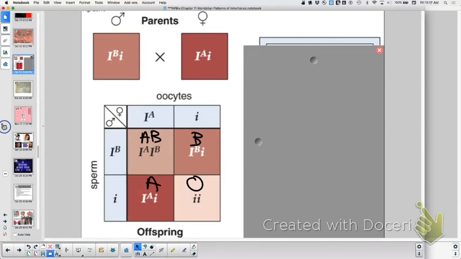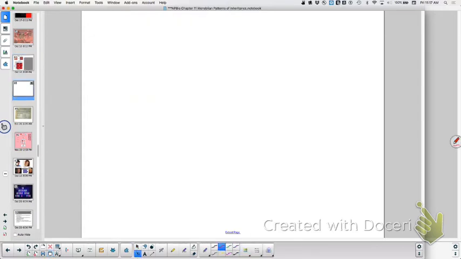Why don't you do another one for me? Cross a homozygous A with an AB blood, and what do you get? So I'm giving you phenotype, you know, when I say AB, but you would know what the alleles are.